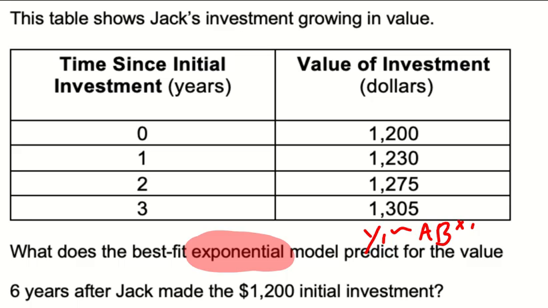So once you put your table in, for an exponential function, you want to do the y1 squiggle. You got your a times b with an exponent of x1. And I'll tell you what your a and the b are. The a is your initial value. The b is the rate. And then there's a couple of different ways you could do this from there.